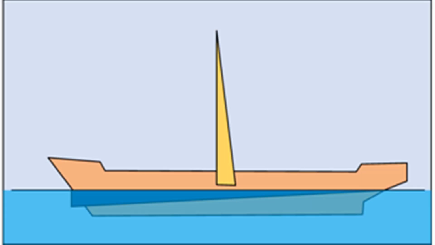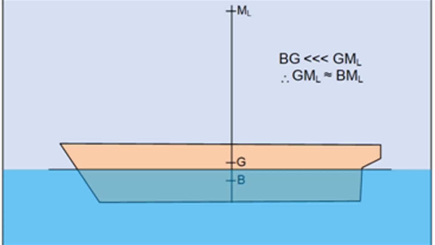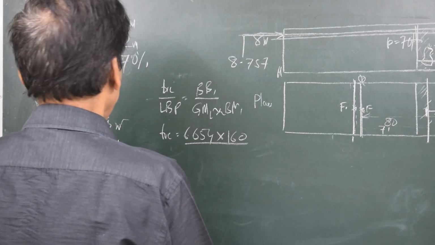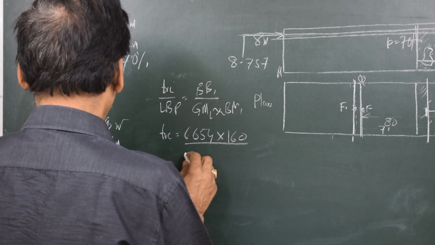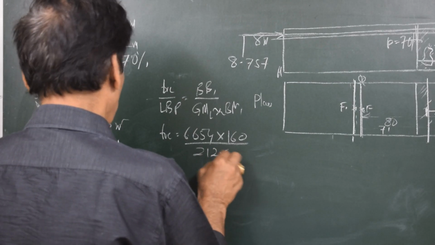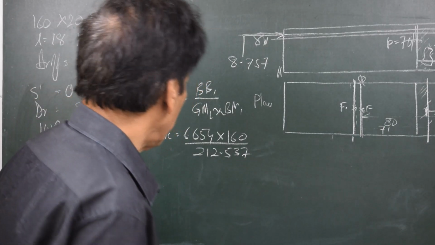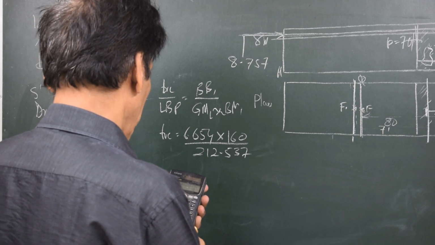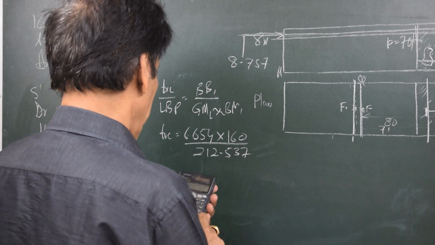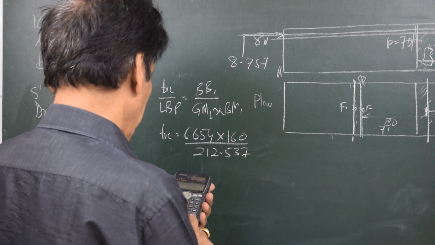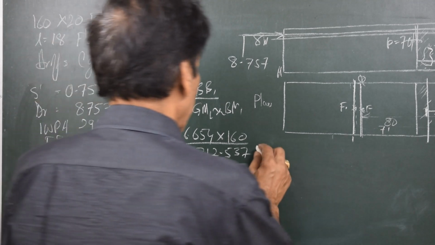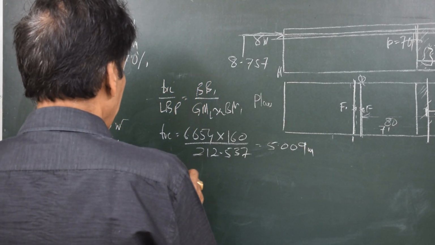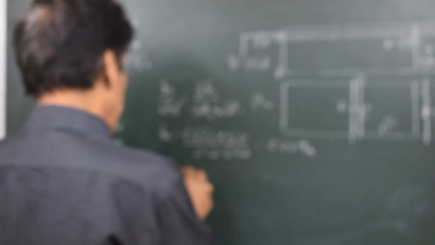Trim change is equal to BB1, that is 6.654, into LBP 160, divided by GML, which is approximately equal to BML, 212.537. 6.654 into 160 divided by 212.537 gives me 5.009 meters.